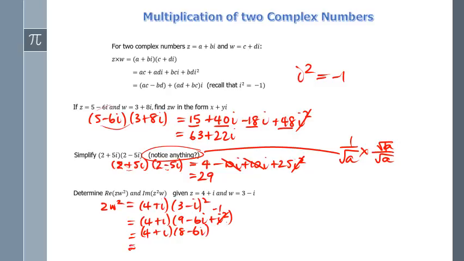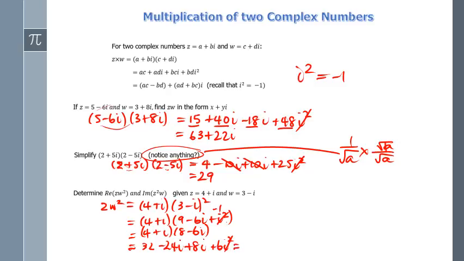Okay, then when we expand this out, we get 4 times 8, which is 32. I get minus 24i. I get plus 8i. And then I get minus 6i squared. We know that for the 6i squared, we'll cross out the i squared and make that positive. Then we add our real and imaginary components.